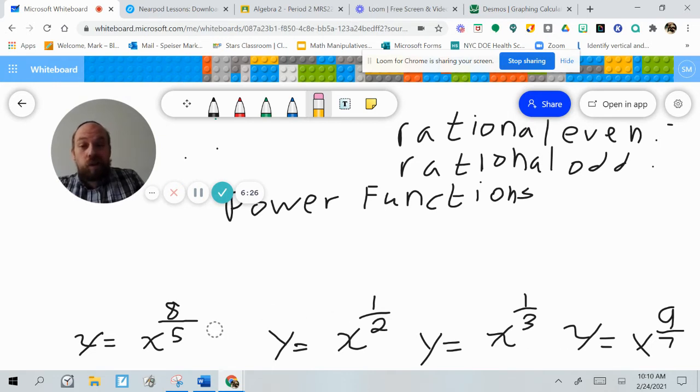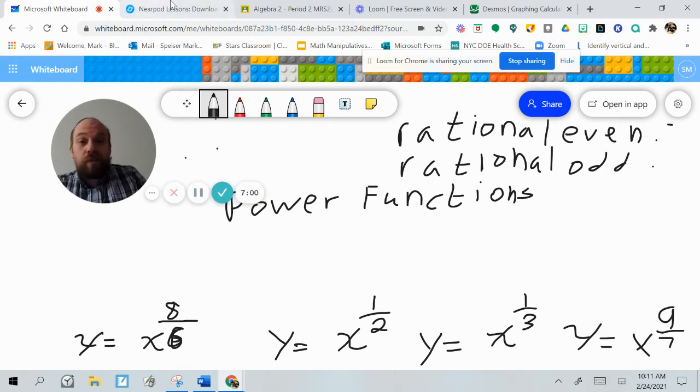Then, where the bottom number is odd and the top number is even, or where the bottom number is odd and the top number is anything you want it to be. So let's look at all these cases.